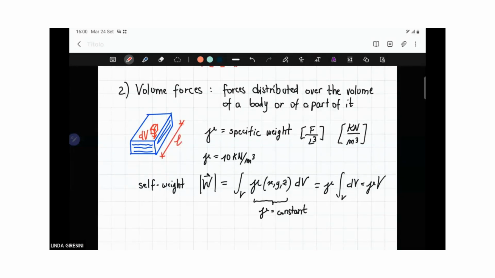So this is L, for example. This is L first. And this is the thickness. So these are the 3 dimensions of the book itself. Okay.